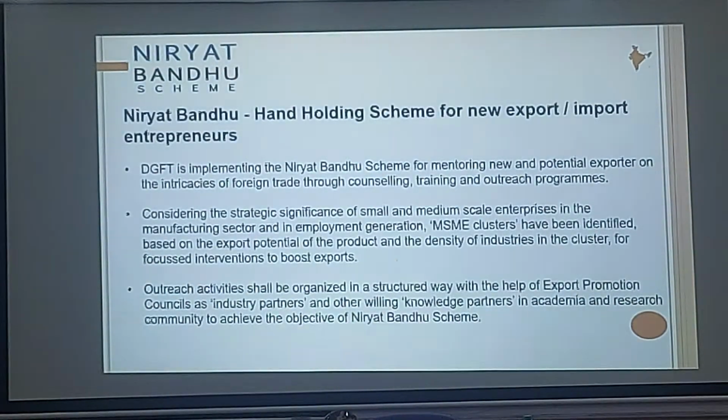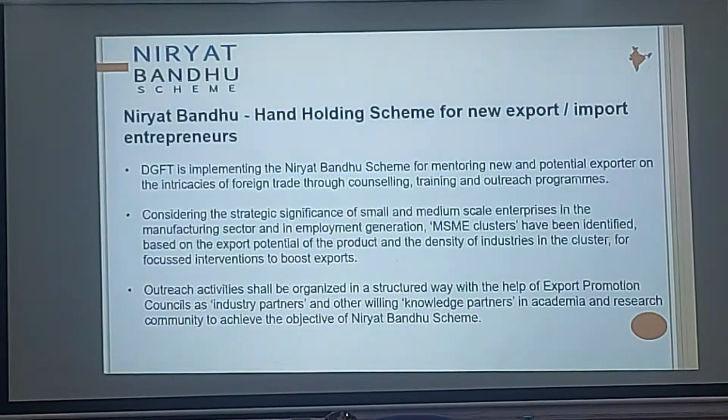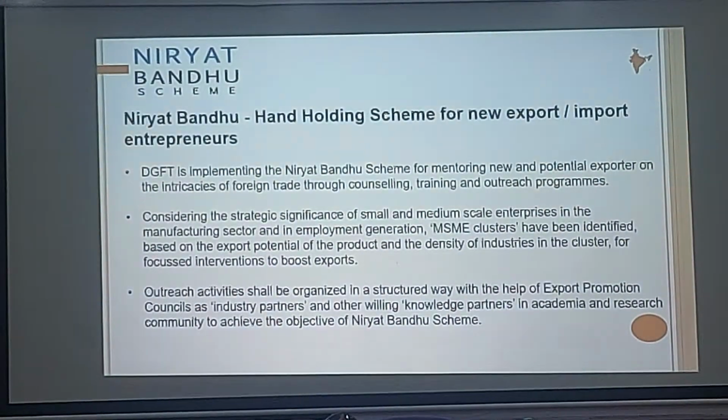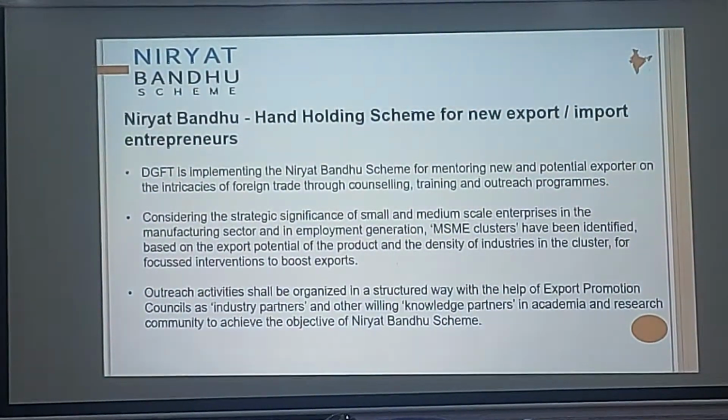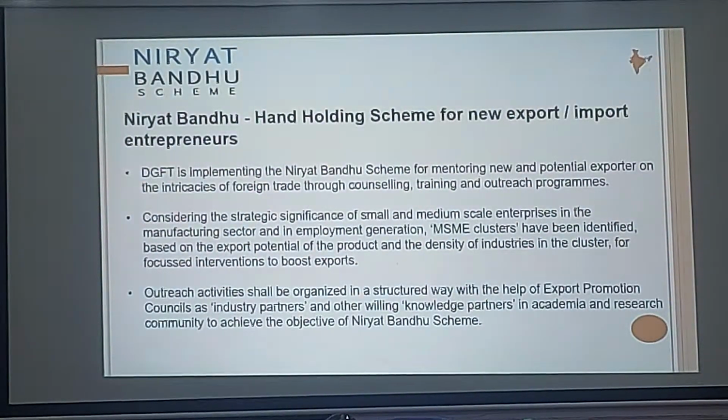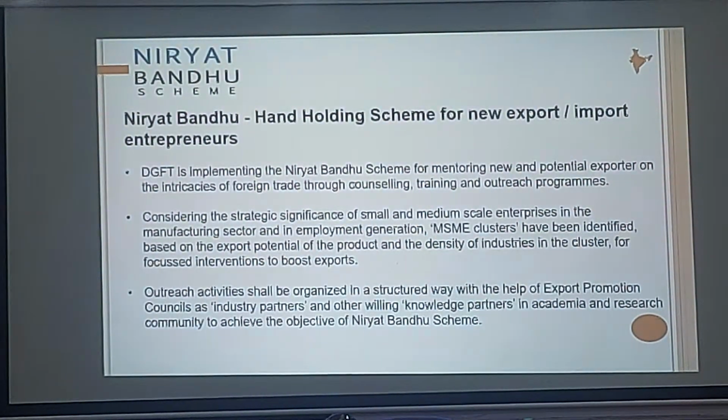Second component is having these awareness programs in clusters, towns of export excellence. Wherever we have these export clusters, towns of export excellence, we go there, we organize various training workshops, programs in collaboration with other stakeholders like FIEO, APCH, state government, district, like this.